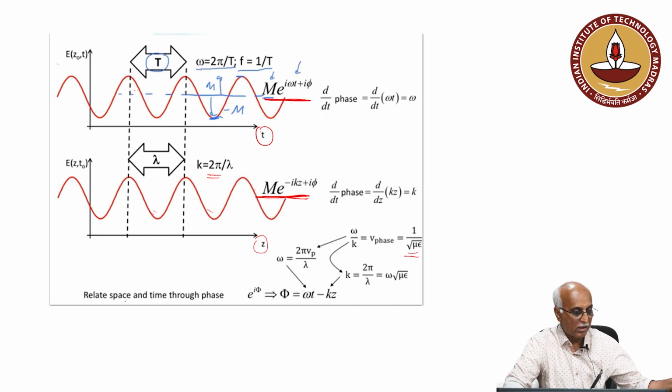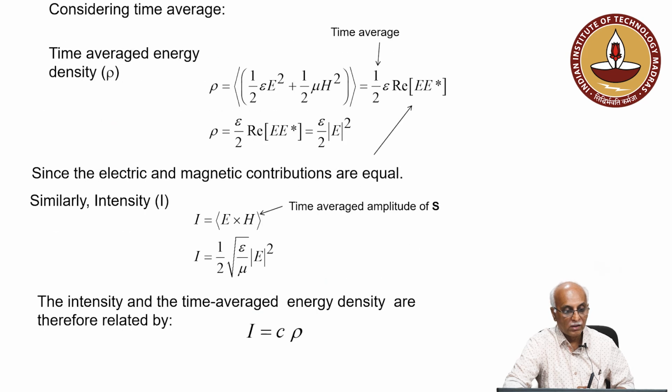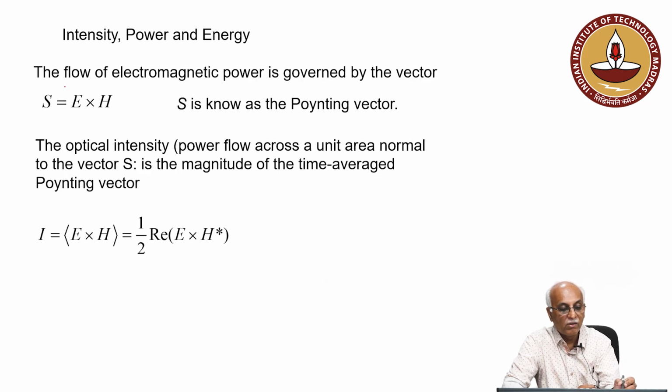Now, for the electromagnetic wave which is propagating, the energy being transferred along the perpendicular direction is given by the flow of electromagnetic power, governed by the Poynting vector E cross H bar. Let's say the magnetic field is oscillating in the y direction, and the electrical field is simultaneously oscillating orthogonally in the x direction.